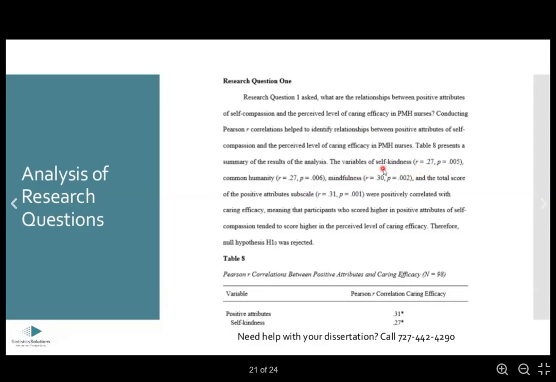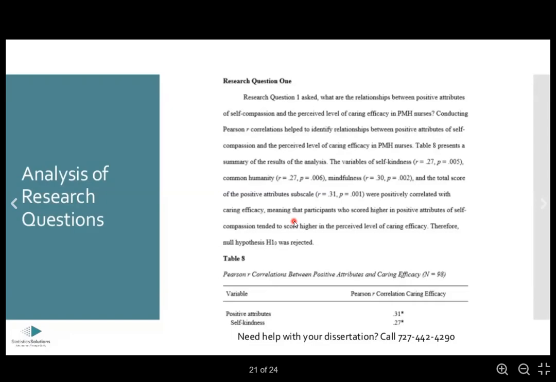So we have self-kindness, common humanity, mindfulness, and then our larger scale. Here they concluded that these were positively correlated with caring efficacy. So that in this case means that those who were scoring higher in positive attributes of self-compassion also were scoring higher in perceived level of caring efficacy.